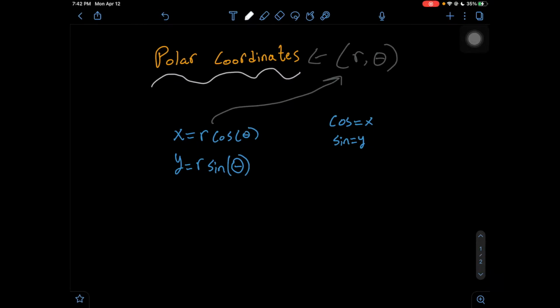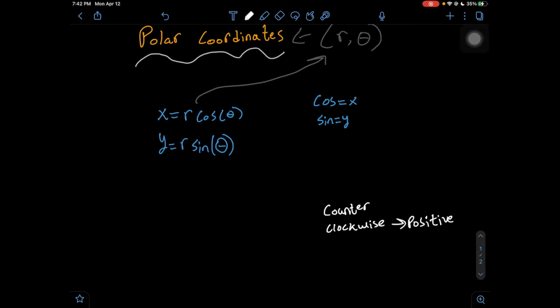Besides the base equation and the coordinate system, there's also one more thing you must remember, which is whenever you are going counterclockwise, you are going in the positive direction when dealing with polar coordinates, whereas when you're going clockwise, CW, you're going negative.